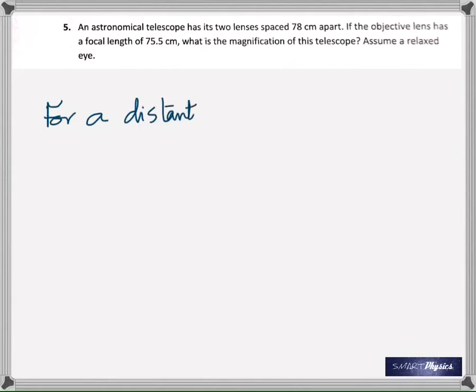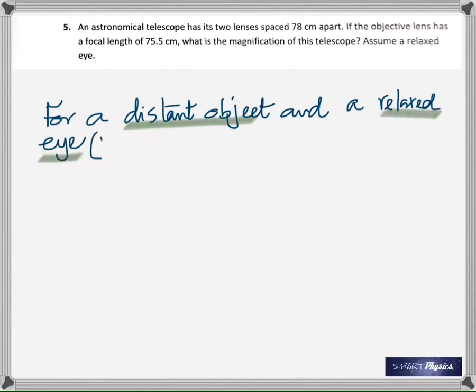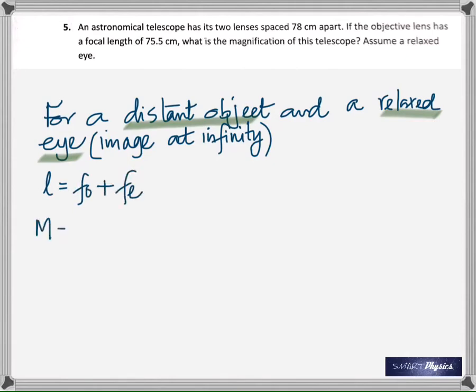And in this case, you see that for a distant object, and when the eye is relaxed as given in the problem, there is a particular formula to find the magnification. Now, first of all, remember that when you say relaxed eye, the final image is at infinity, and therefore the length of the telescope would be the sum of the focal lengths.